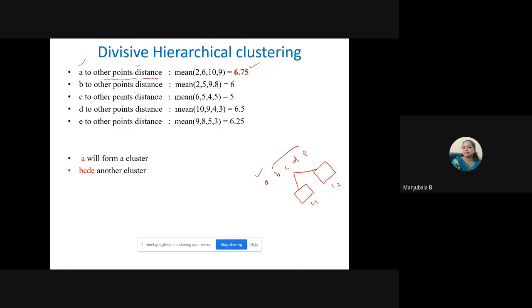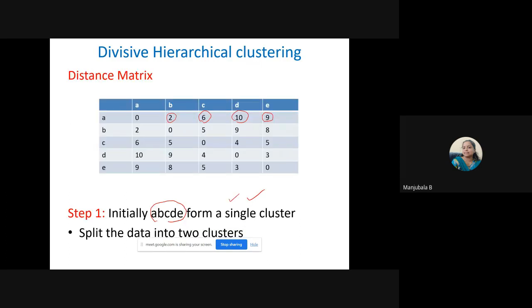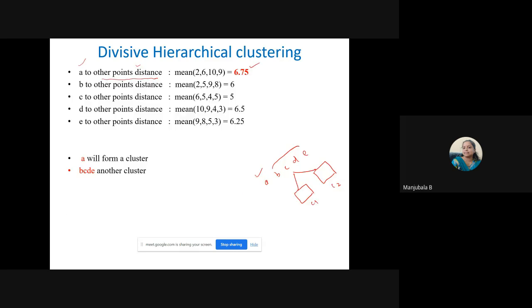Similarly, from B to the other points: A is 2, then 5, 9, 8. The mean of 2, 5, 9, 8 is 6. For C, the mean of 6, 5, 4, 5 is 5. Applying the same method for D, you get 6.5, and for E, you get 6.25.